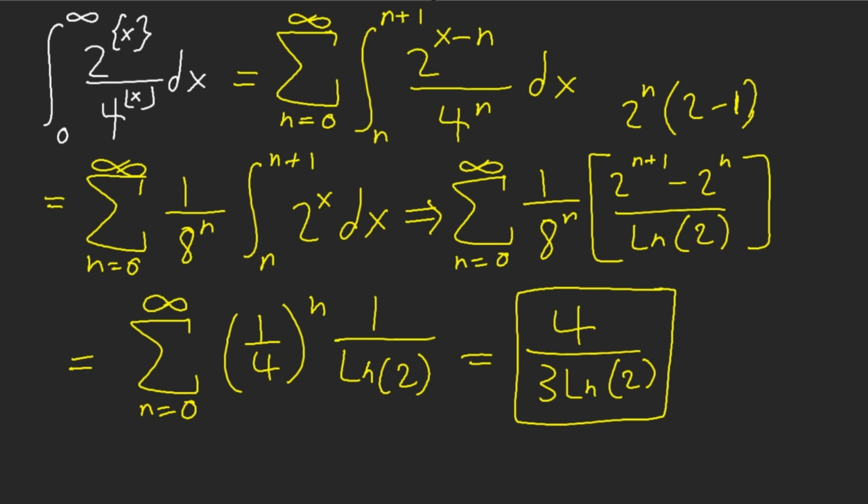Okay. Again, a lot of these integrals are always going to look very intimidating. So the first step is to just turn it into a sum, then integrate, and then see where things cancel out. That was our last integral. That's pretty much it for this, technically an introduction to summation with piecewise integrals.